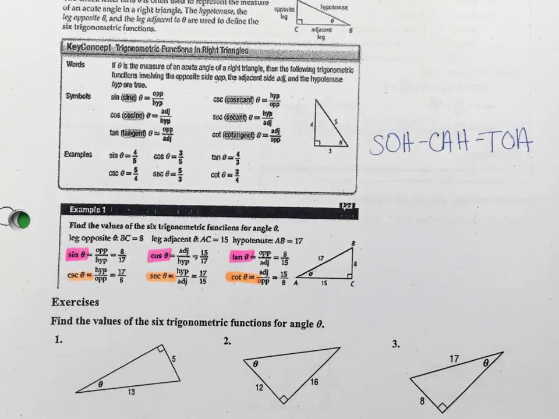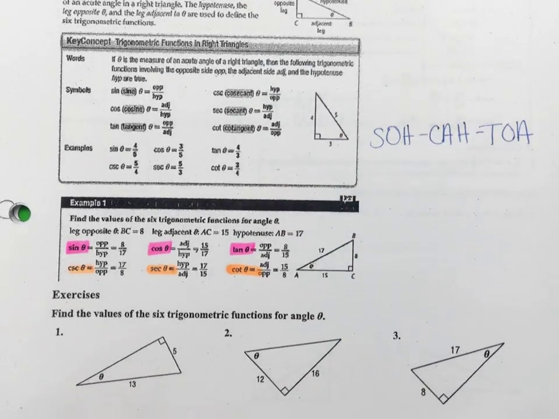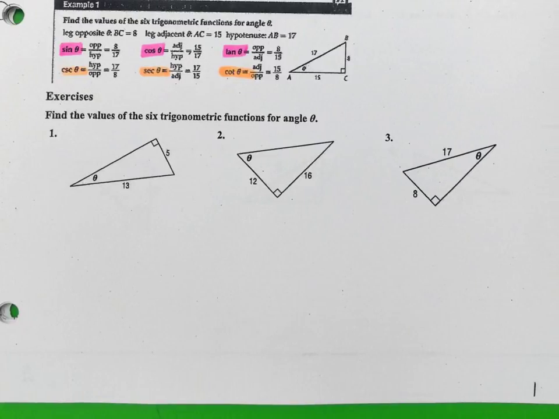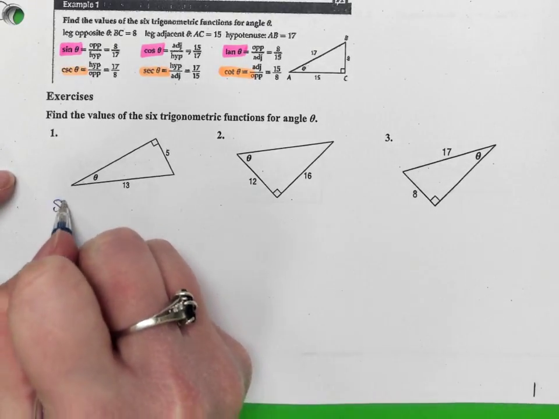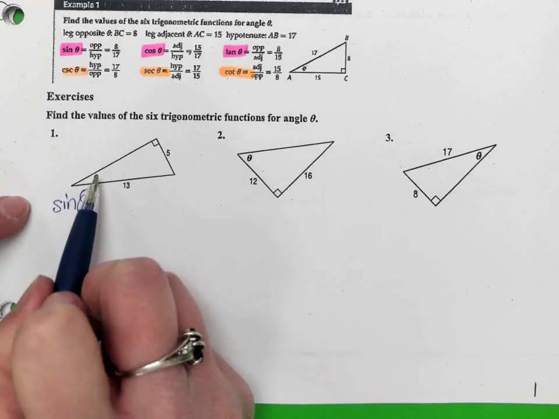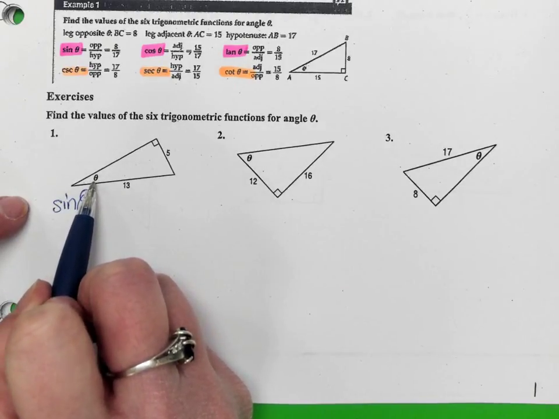You ready? It says to do what in the directions? All 6 of them, right? But we're not going to remember all 6 of them. We're only going to remember what 3? Sine, cosine, tangent, right? The other ones are just opposites. Here we go. So we're going to go off of this angle theta, right? Remember that theta symbol from geometry?